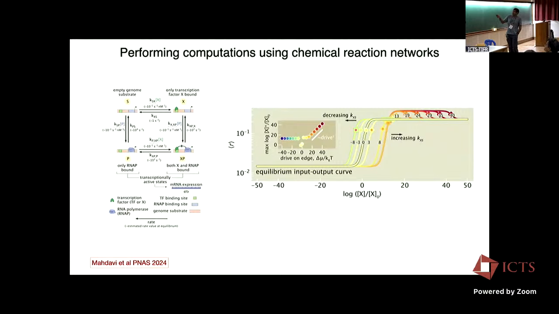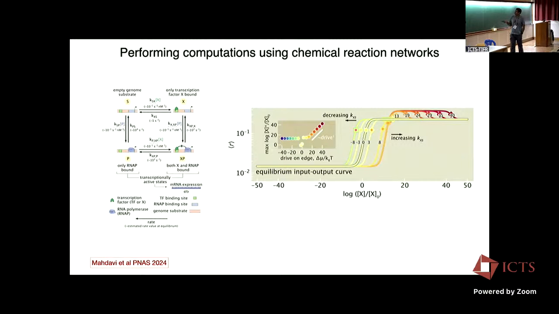We all have seen input-output curves that look like this. As you tune more and more transcription factor in, you can increase the rate at which mRNA is produced by the circuit, and you can get input-output curves that have a sigmoid-like shape.